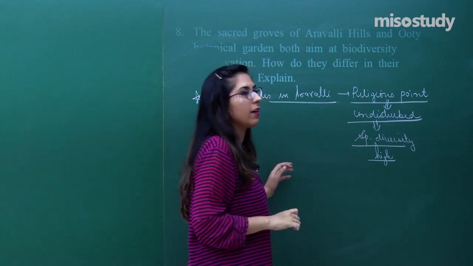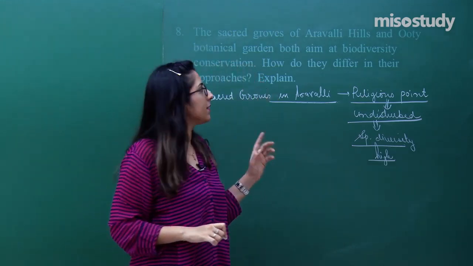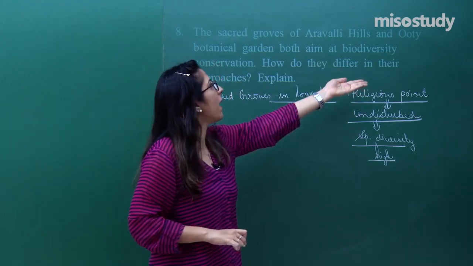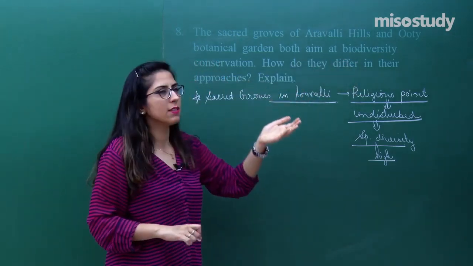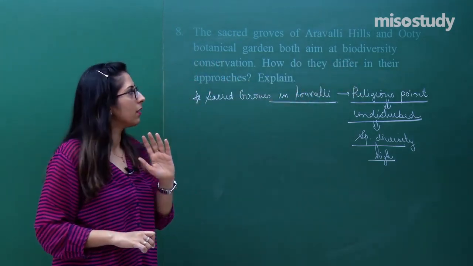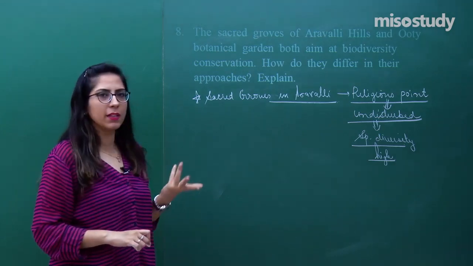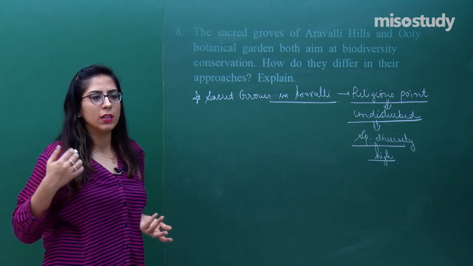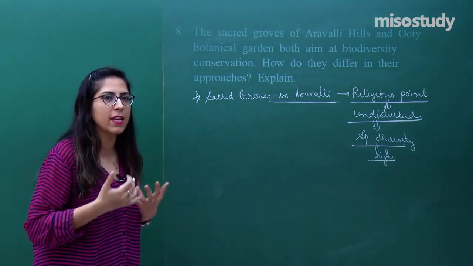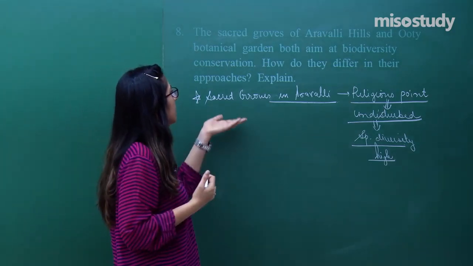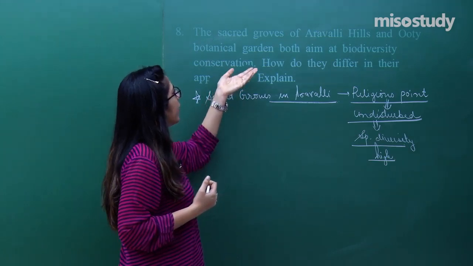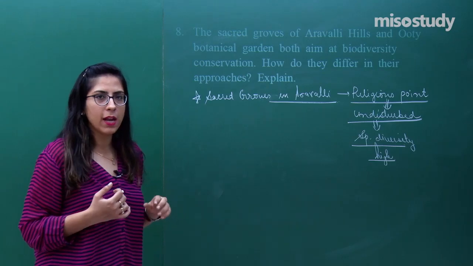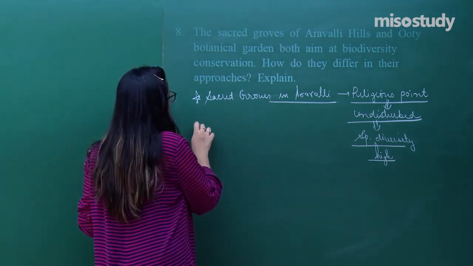When species diversity is high, that is one way by which biodiversity conservation can be done. They have ethical points of view. We cannot kill them, that is from a sacred point of view. That's why they are called sacred groves. Whereas when we talk about the Ooty Botanical Garden, the name itself indicates it's a botanical garden.